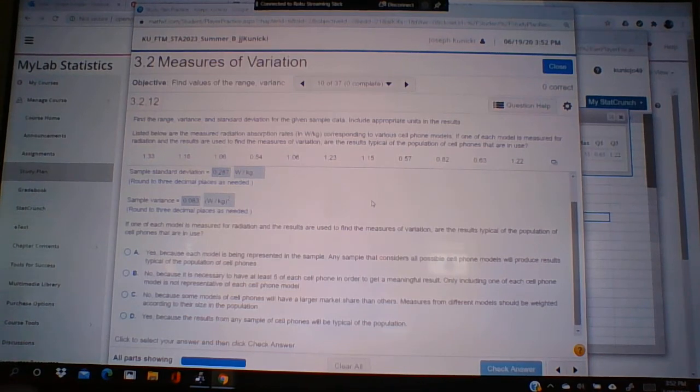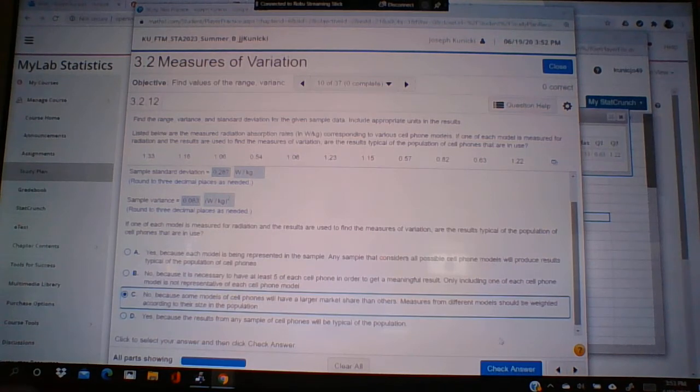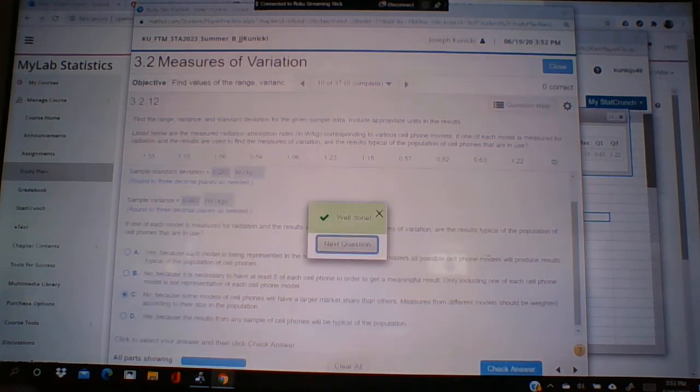It says various cell phone models. It doesn't say each cell phone model. So I'm going to pick C. I'm going to say no because you need a better sample. It's just not a large enough sample, and it doesn't say how many different models it represents and which models are most popular, stuff like that. So you just can't take various cell phone models. So that would be the best answer.